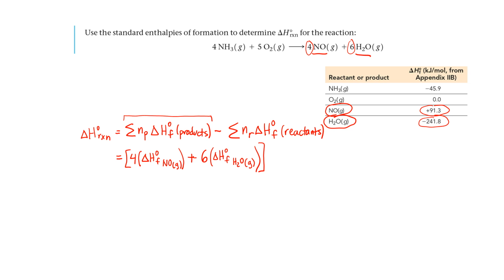That's all my products, right? This is going to be minus the sum of the reactants, which is just NH3 and oxygen. Notice we have 4 of those and 5 of those.